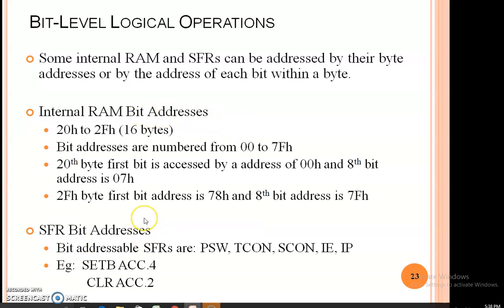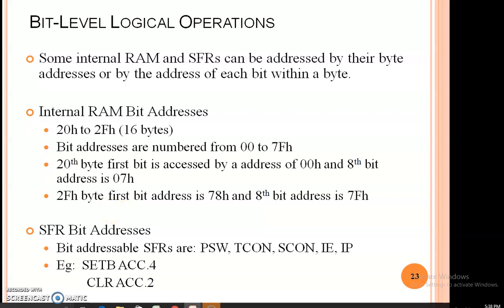We have already seen the internal RAM structure of the 8051. Here we have 128 bytes of 8051 internal RAM. 00 to 1F, those 32 bytes are occupied by the 4 banks. Each bank has 8 registers, R0 to R7.